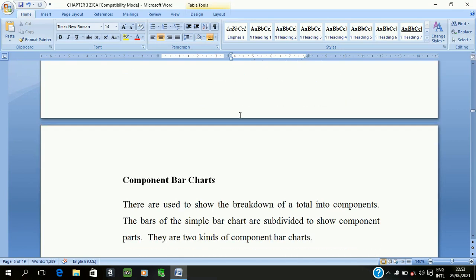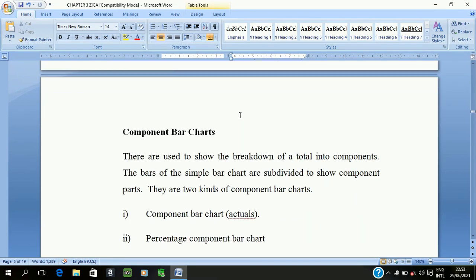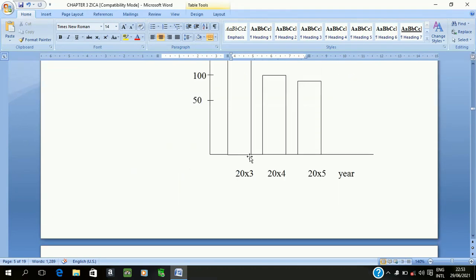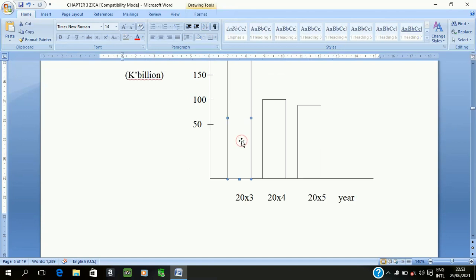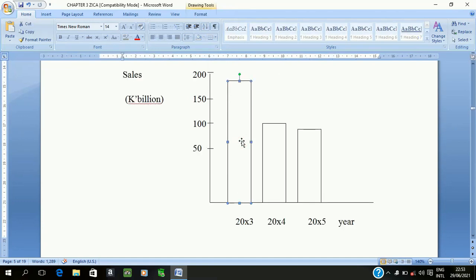Another type of bar chart is called the component bar chart. Now the component bar charts are used to show the breakdown of the total into components. For example, we had total sales achieved in 20x3 represented by that particular bar.